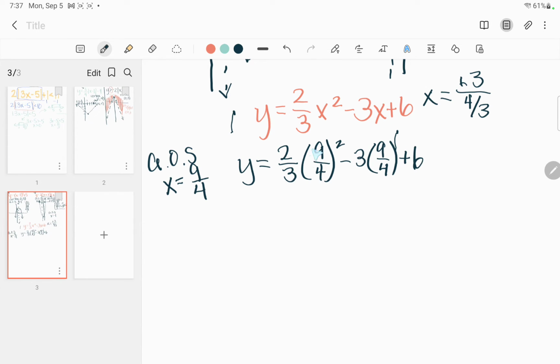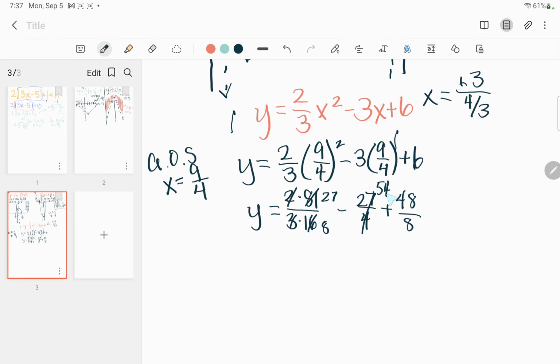And if you love fractions, you'll love this problem. We have 2 times 81 over 48. Just going to write 3 times 16. 2 times 81, and this will clean up a little bit to 27/8, and that's minus 27/4 plus 6, and 6 is, of course, 48/8. So I'm just going to rewrite all of these with the same denominator.